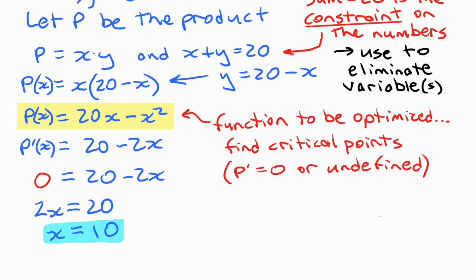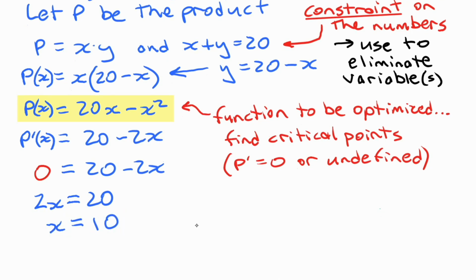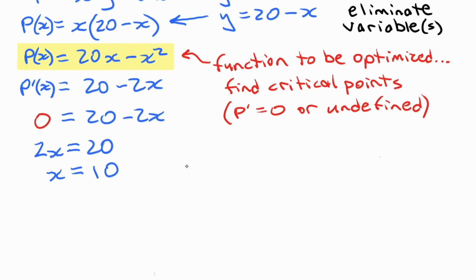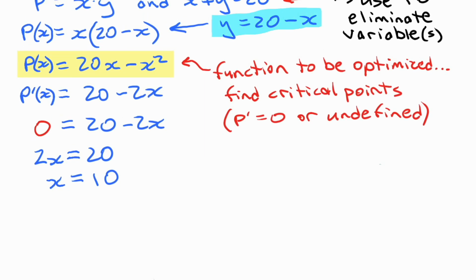So that's our first value for x. What we can do with that then is we can find what the y value is, because we had our constraint up here that y is 20 minus x, that the two of them add to 20. So we can just say that y is going to be equal to 20 minus 10. And then that's, of course, 10 as well. So we've got that the two numbers are 10 and 10.